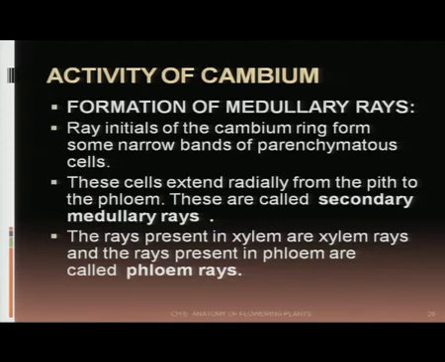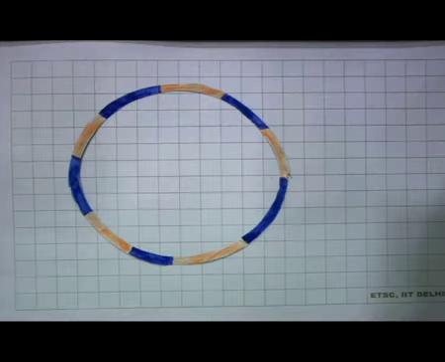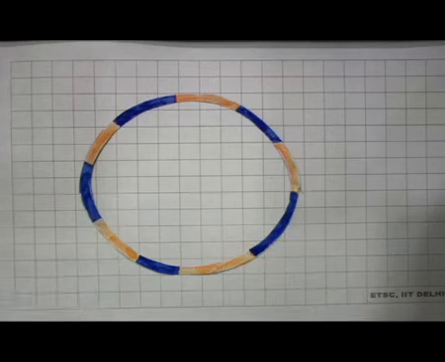Let us perform an activity to understand this phase, these steps of growth in a different and a better manner. I will now use different colored papers to show different parts of a dicot stem. Suppose this is the initial structure where this ring represents the cambial ring.